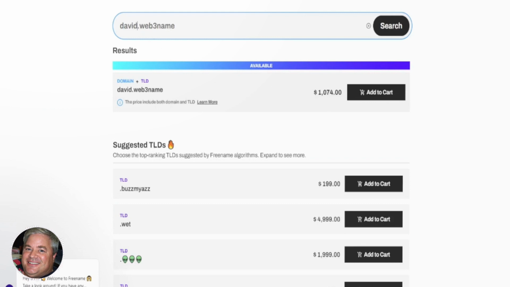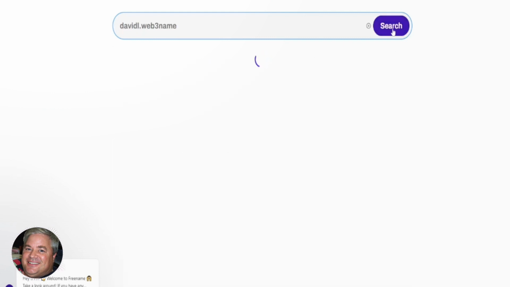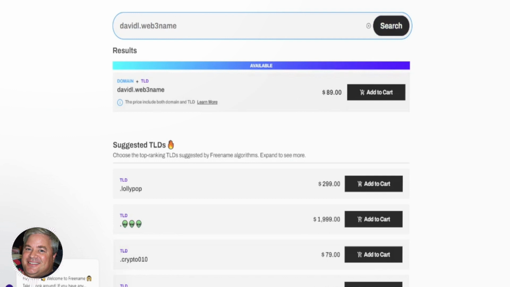And at the same point, if people want to get their name and a first initial, then again, this is pricing $79 to actually buy Web3 name, and then it's charging $10 for the David L.